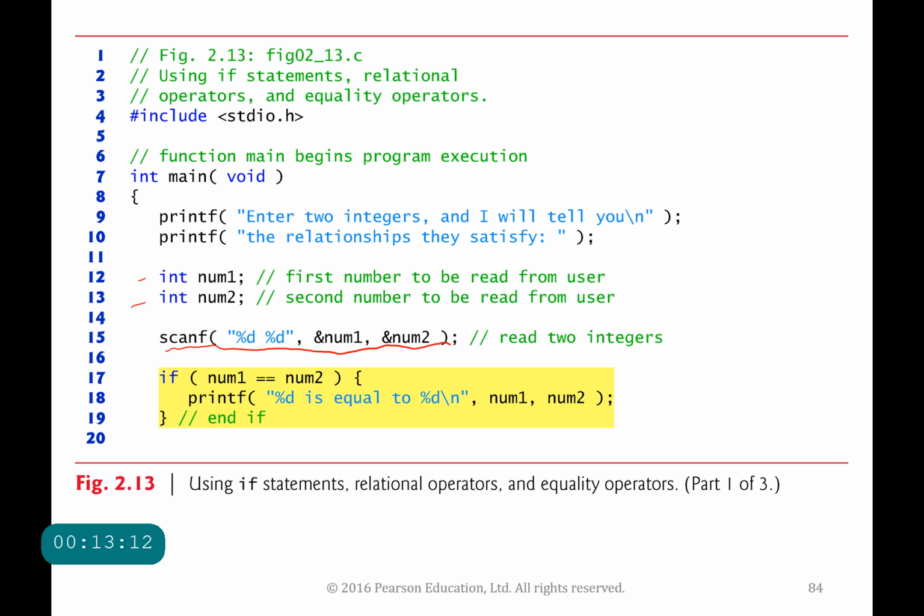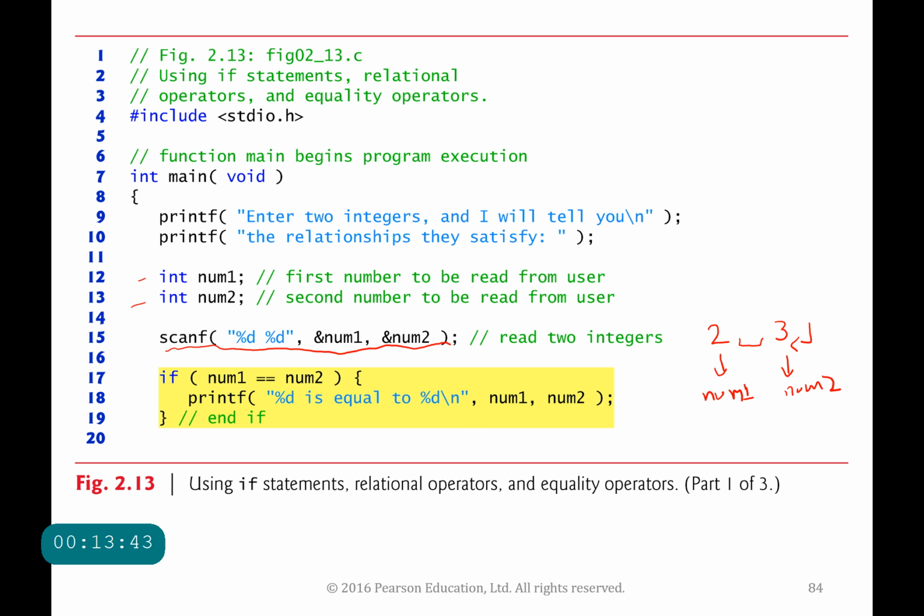These two integers are going to be separated by a single space. So the user will first enter num1. Let's say he enters 2, then he will enter a space, and then enter the second integer, and then press the enter key. So this one will be assigned to num1, and this one will be assigned to the integer num2.